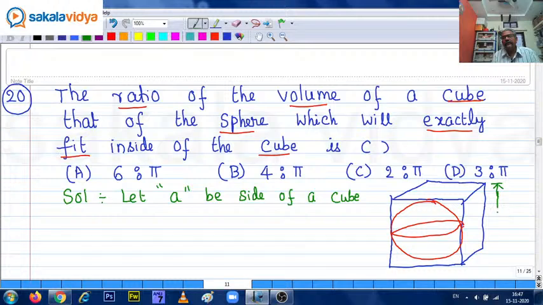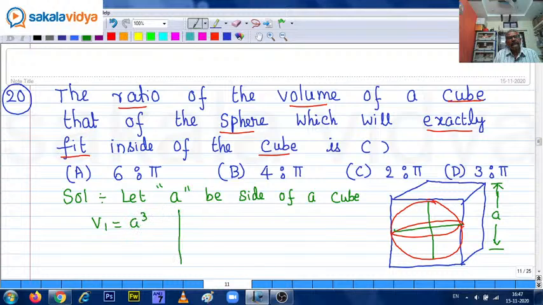This is the side of the cube. Then the volume of the cube you can find out, V is equal to A cube.